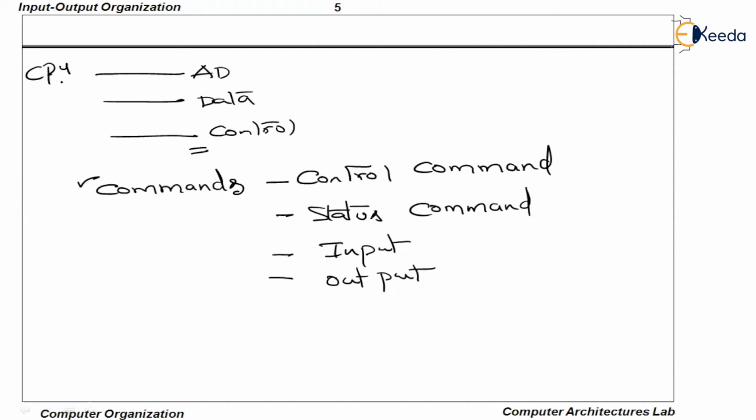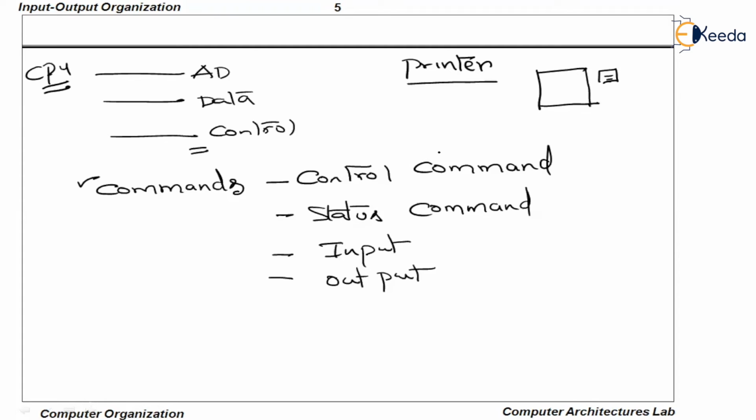Now, in order to understand these commands, we will take an example that the CPU wants to communicate with, let us take an example, a printer. The CPU wants to communicate with a printer. It wants to take a printout. You know that a printer has a controller.